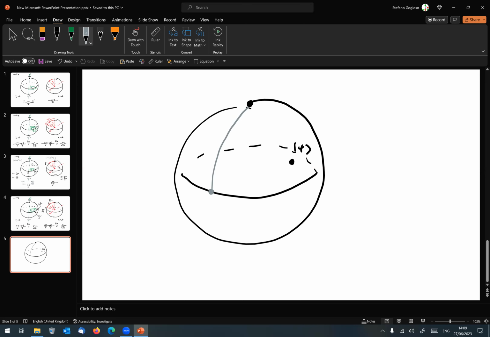So do a Y rotation, but Y rotations are a bit weird, so I'll try to avoid them. Instead, I will do X rotations and Z rotations together. I could go down to the right latitude and then go around, but instead of going down this meridian, I will go down the X equator to the right latitude.